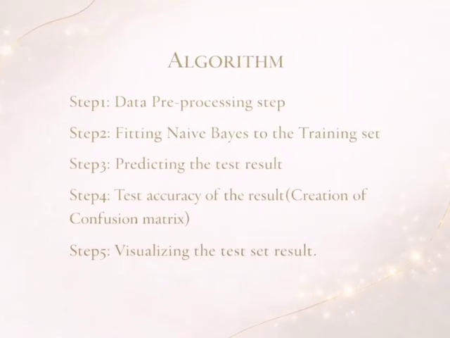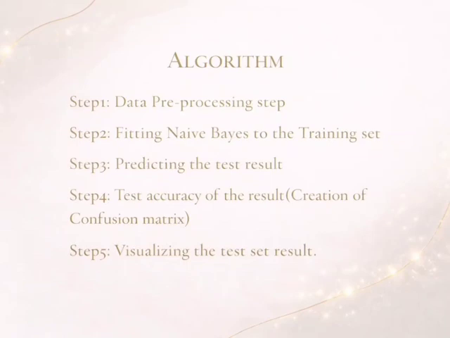Next, we see the algorithm for the Naive Bayes classifier model. Step 1 is pre-processing. We clean our raw data and prepare our features. Step 2 is fitting. We train the model by feeding it our training data set so it can learn the probability distribution. Step 3 is prediction.